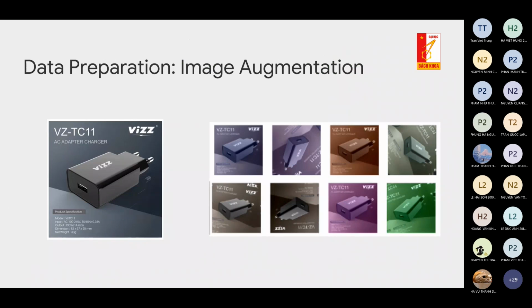From one image of the training data, we will transform it in various ways, like rotating, translation, changing color, and changing resolution, to make the data more diverse and better to train.